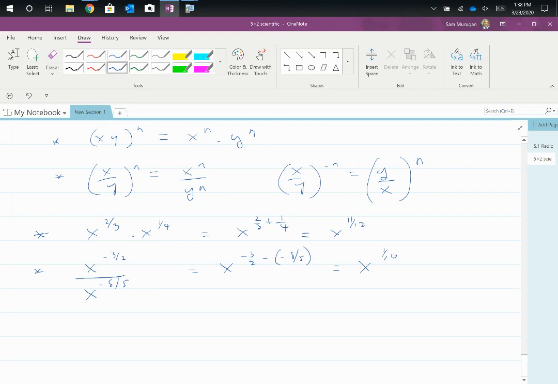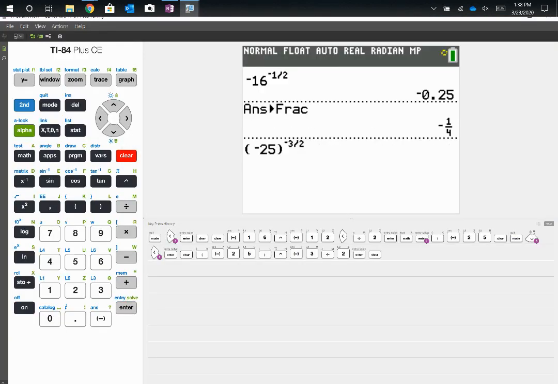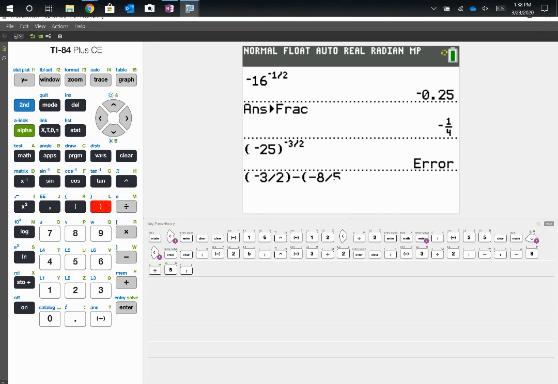Again, if you're not sure how to do fractions, you can always use your calculator. For example, if I wanted to add, say, negative 3 divided by 2 minus negative 8 divided by 5, make that a negative sign, and I would ask the calculator for a fraction answer by pressing math, fraction.